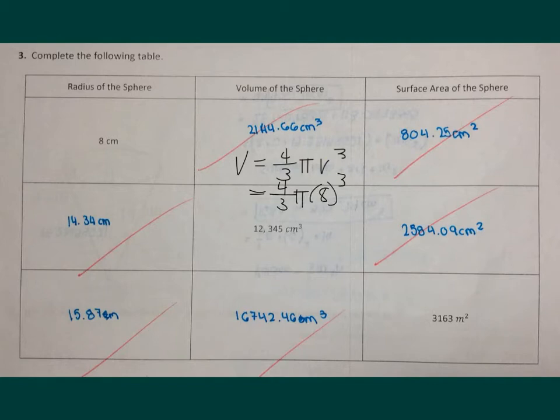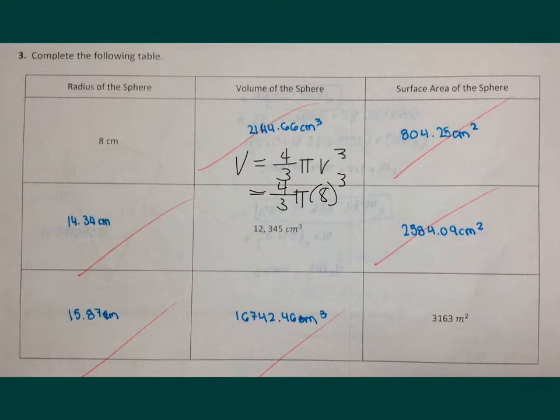If you properly input this expression in the calculator, it will give you the answer 2144.66 or something close to that. I suggest you use the pi key in the calculator and do not use 3.14 so that you can get a better estimate of the volume of the sphere. Again, it's a matter of remembering what the formula is for finding the volume.